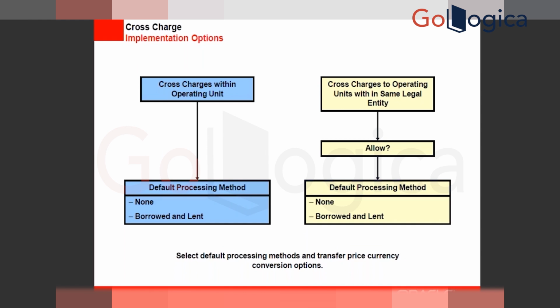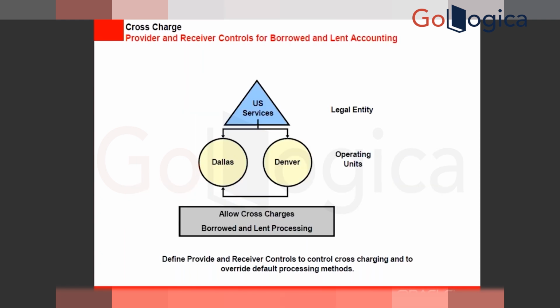We have implementation options, which we are going to talk about now, like set default processing method and transfer price currency conversion options. The cross charge within the operating unit is none. Cross charge to the operating units within the same legal entity, whether you allow it or not, I'll show you that. The provider and receiver controls we are going to set here, like the combinations.